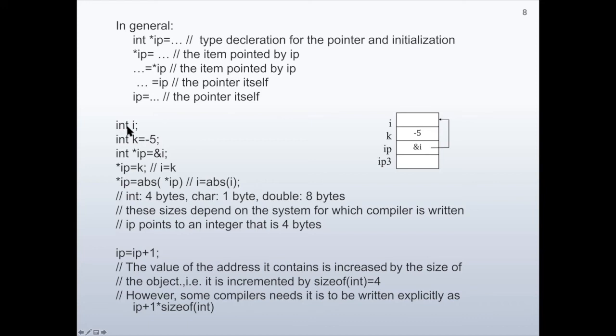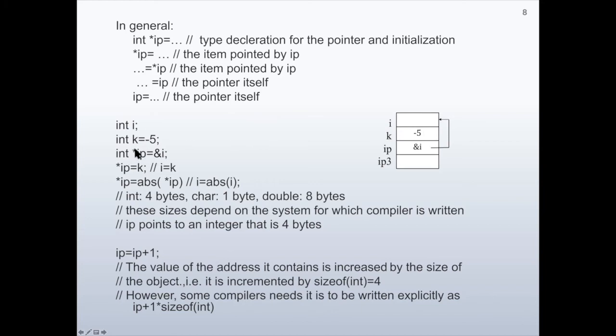Let's declare I as an integer, and another integer k, which is initialized with -5. So we have I here, an integer, and k, another integer initialized with -5.